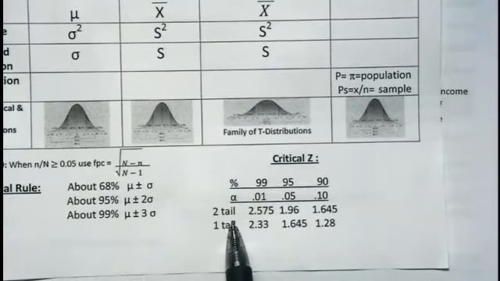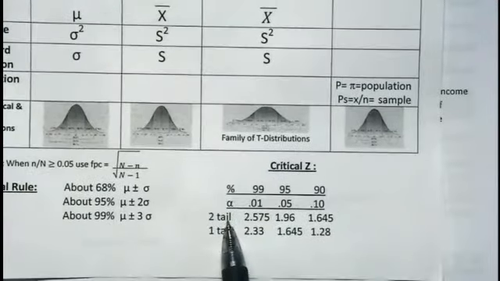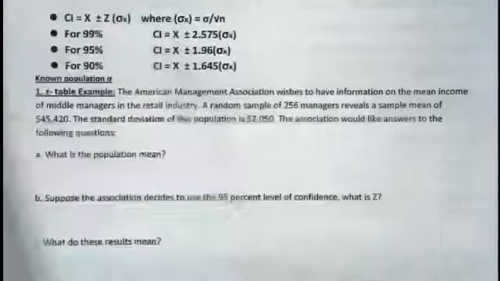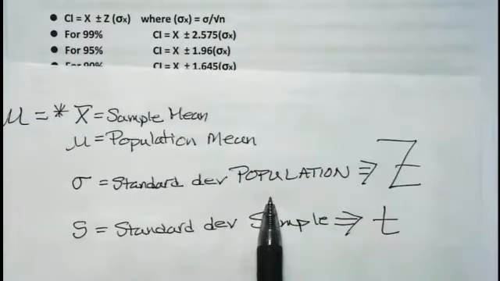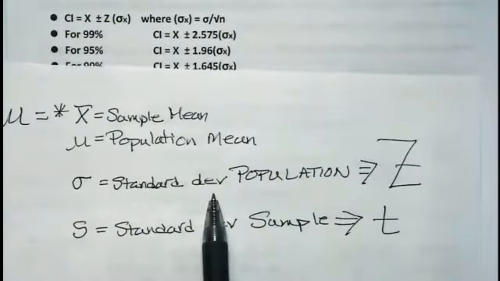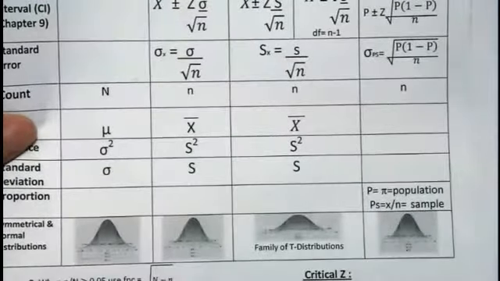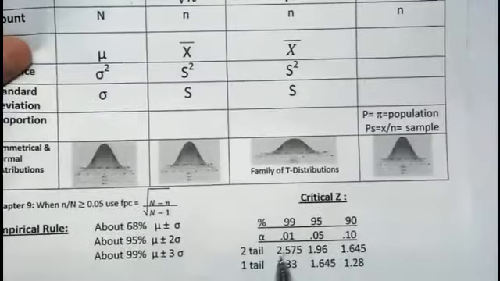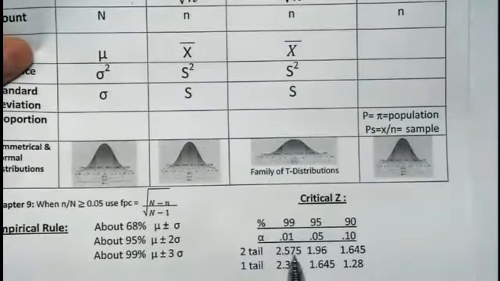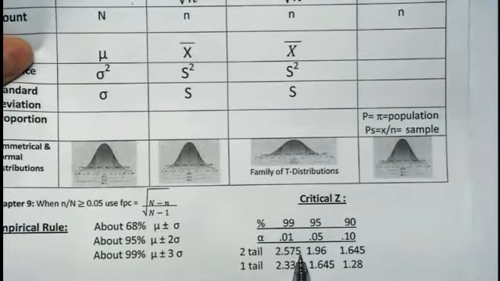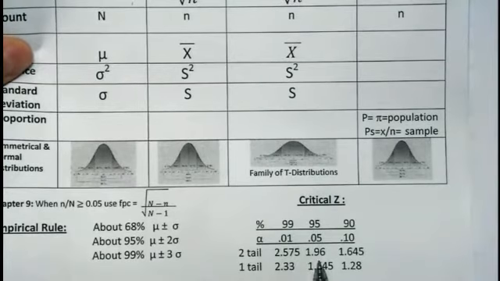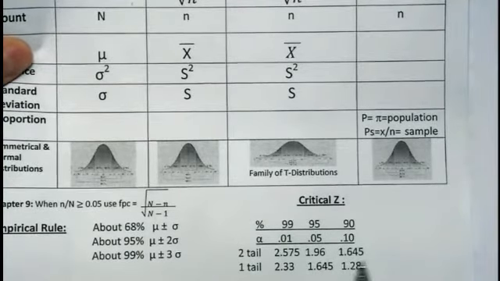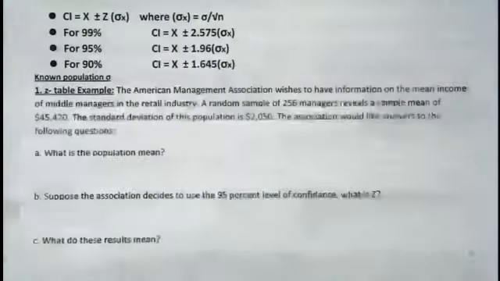So if I give you the population standard deviation, to look up the Z value for 99% confidence, it would be 2.575. 95% confidence, 1.96, and 90% is 1.64. So this is where you find it. Okay.